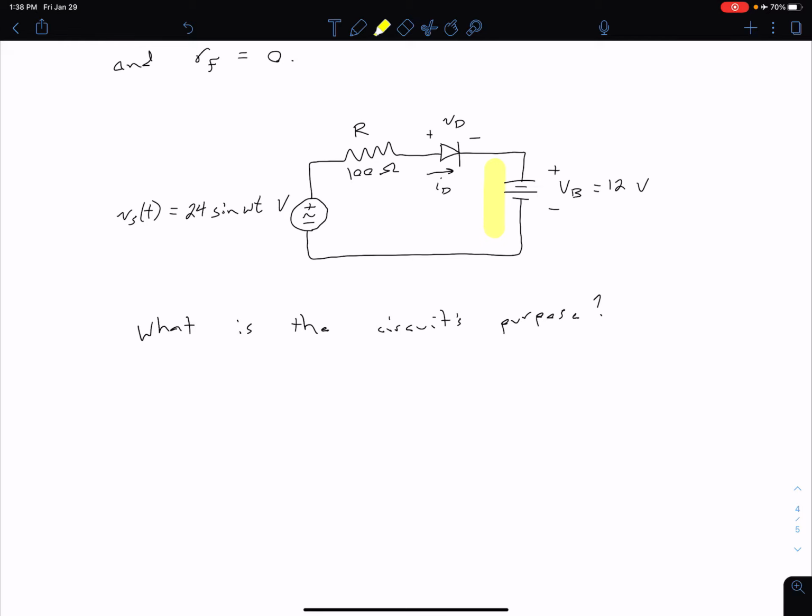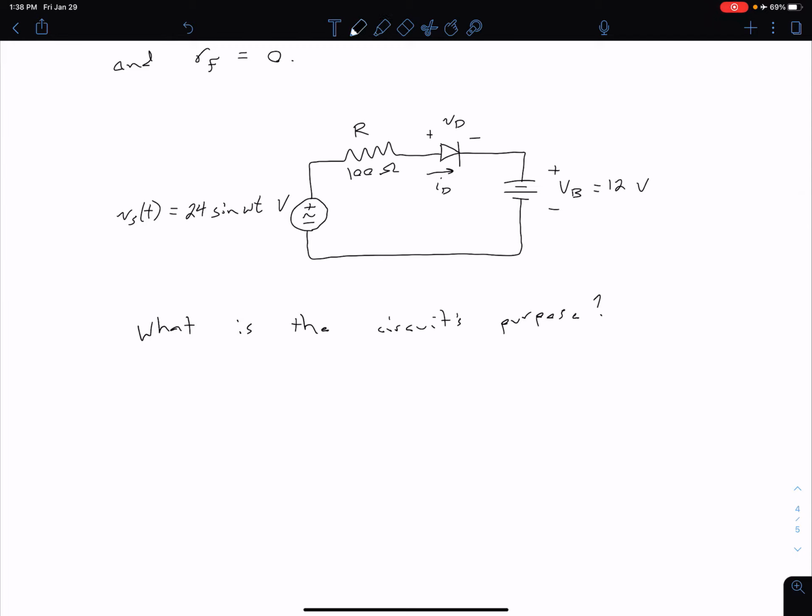So our battery is going to be charging up. We've essentially created a simple battery charger, because the diode is not going to allow current to flow from the negative to the positive terminal of the battery, which would of course be taking energy from the battery. So we're only putting energy in.